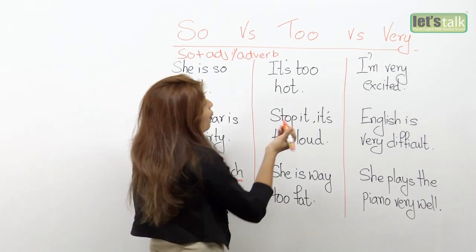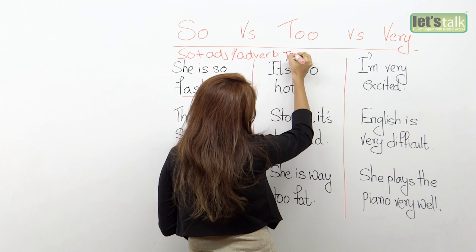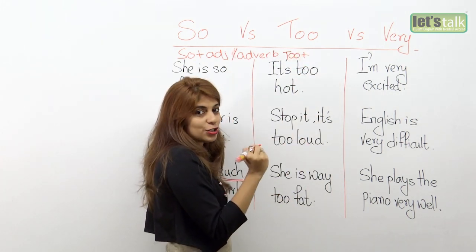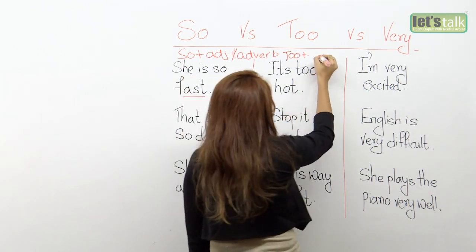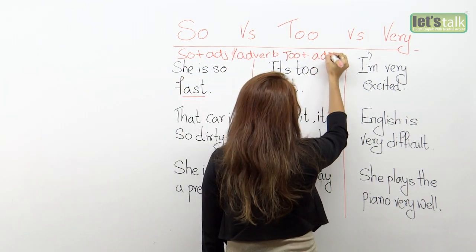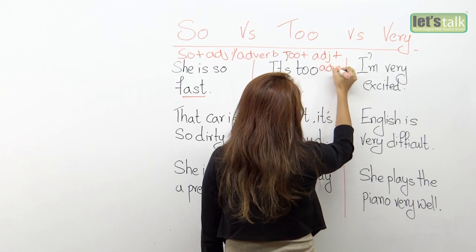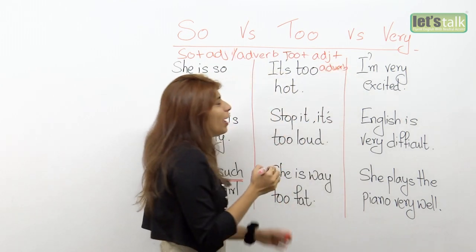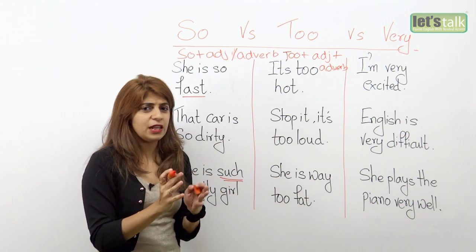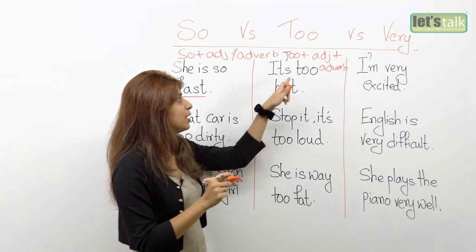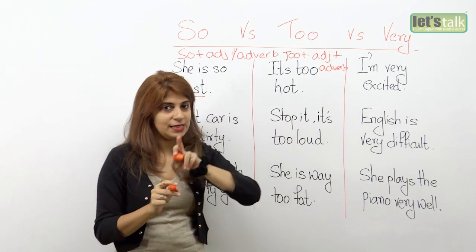Again, remember, too is also followed by an adjective or by an adverb. And when something is negative or problematic, that's when you end up using the word too in the sentence.